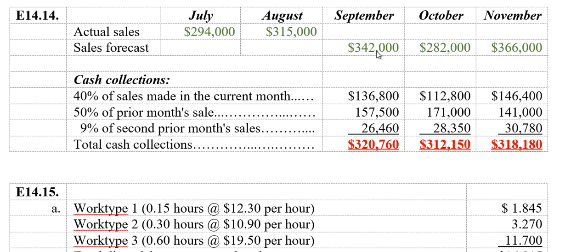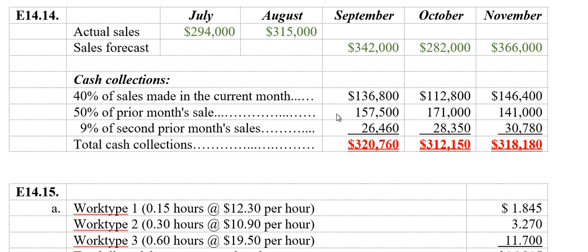So in this problem, just be aware that 40% of the cash we may collect is in that first month that we actually make the sale. But a good bit of it, 50%, is collected in the next month.